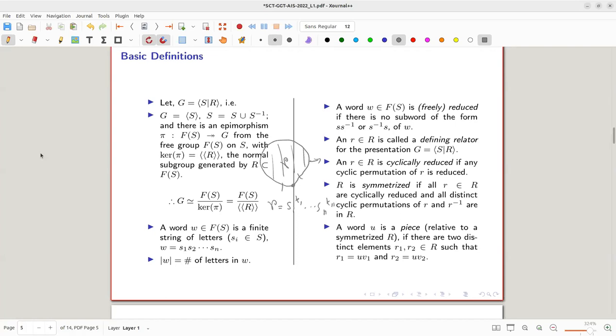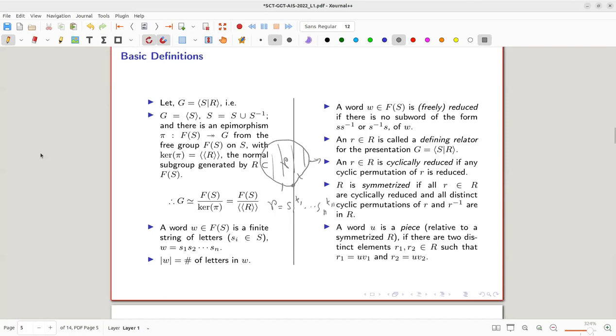So there are possibilities of cancellations if we have inverse letters in the beginning and the end. If we do not have such possibilities, we call them cyclically reduced.